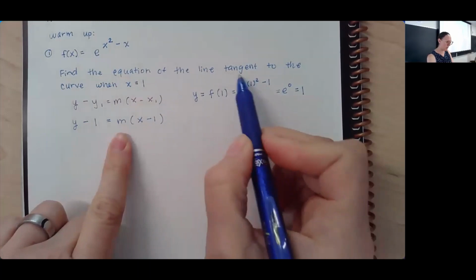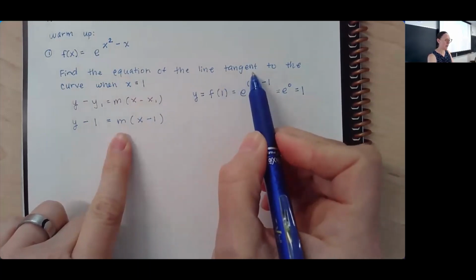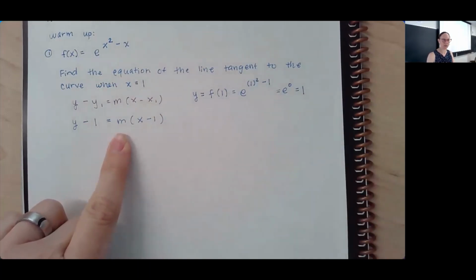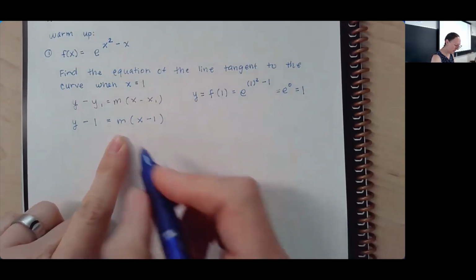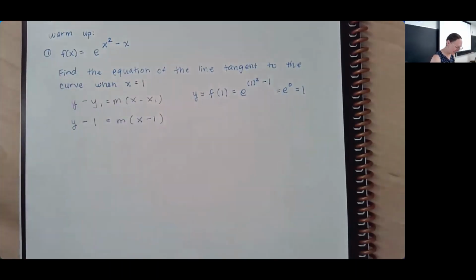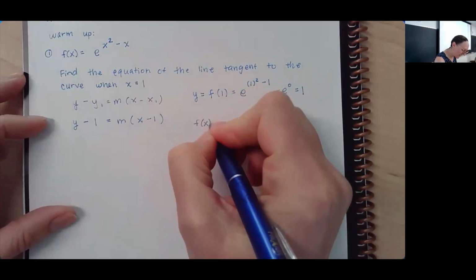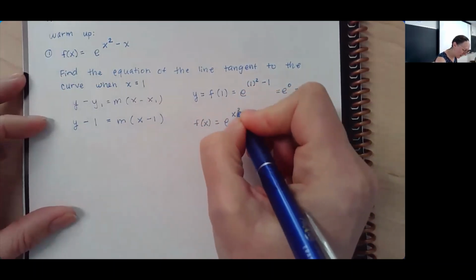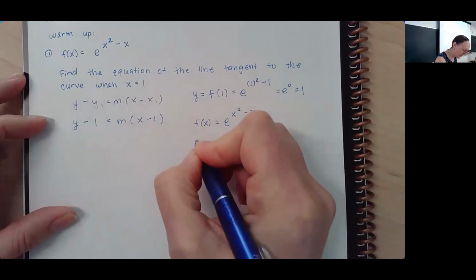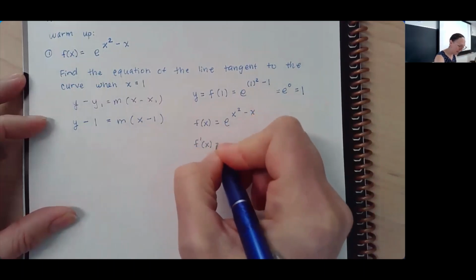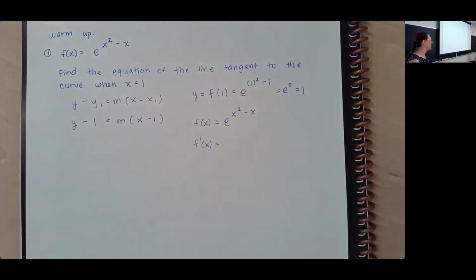Since I'm looking for the slope of the tangent line, I know that's asking me to take the derivative. So now comes the calculus-y part. If f of x is equal to e to the x squared minus x, then when I go to take the derivative, I'm going to need to use a little bit of chain rule.